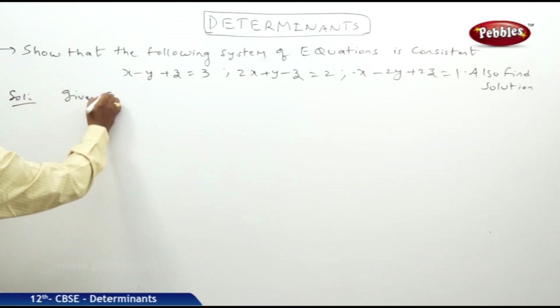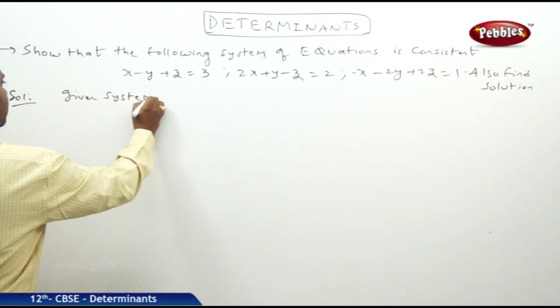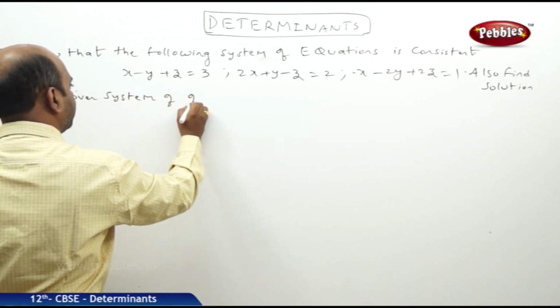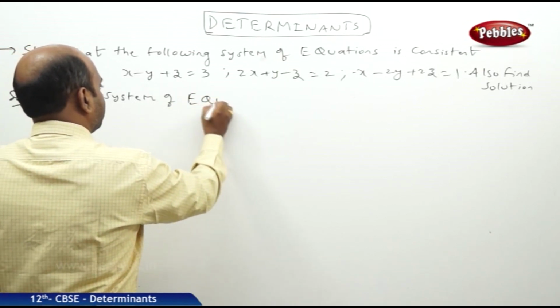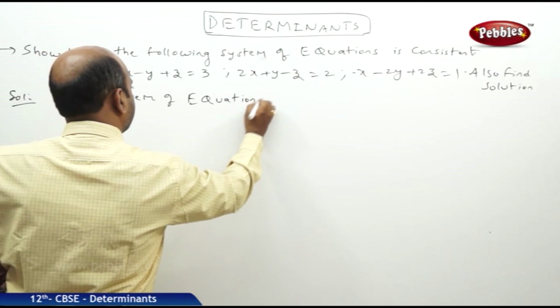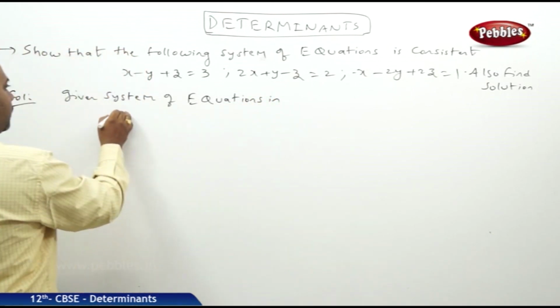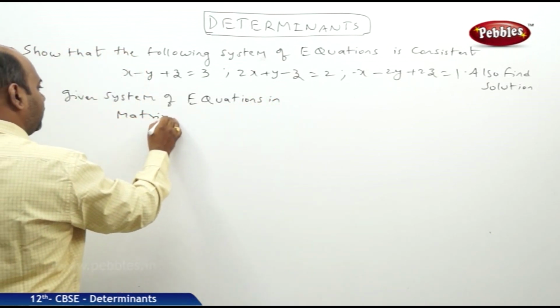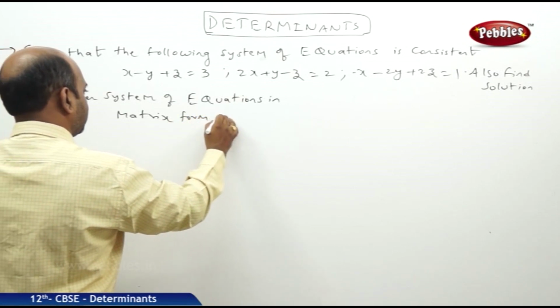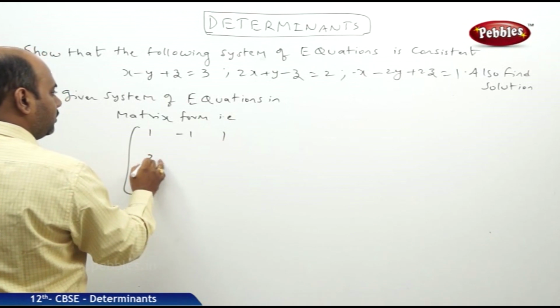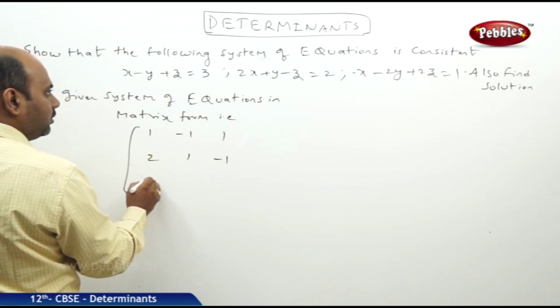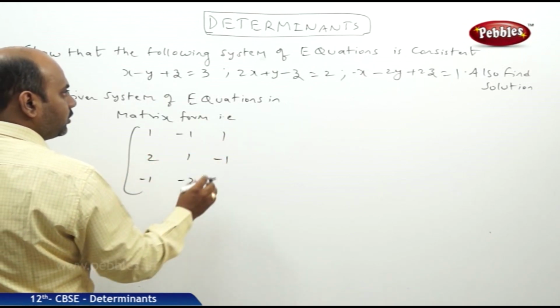given system of equations in matrix form, that is, what happens here, 1 minus 1 1, 2 1 minus 1, minus 1 minus 2 2.